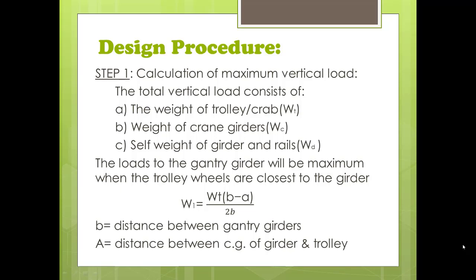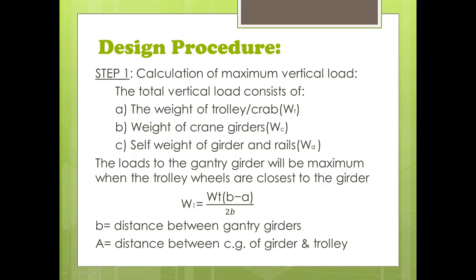The load to the gantry girder will be maximum when the trolley wheels are closest to the girder. Understand? So here W1 will be given by WT into (B minus A) by 2B. Here capital B is the distance between the gantry girders.